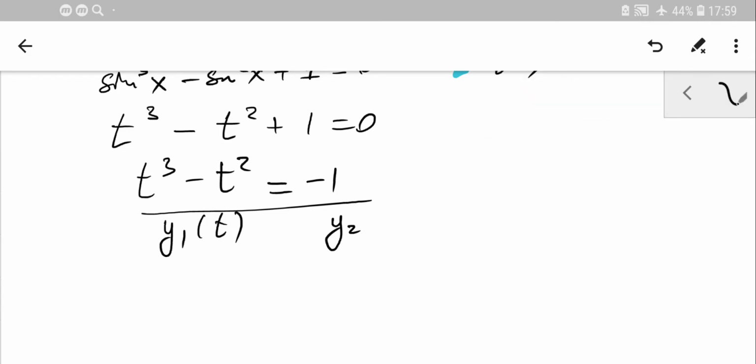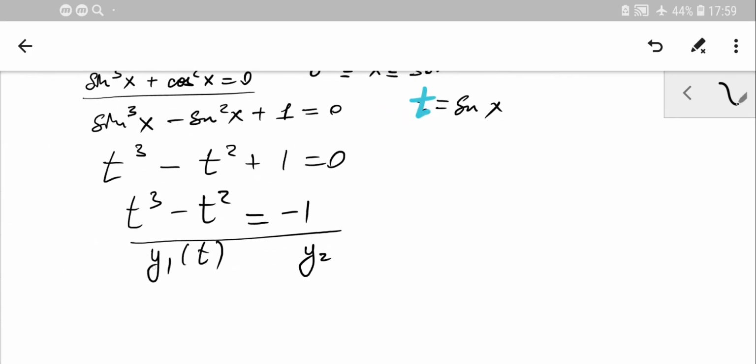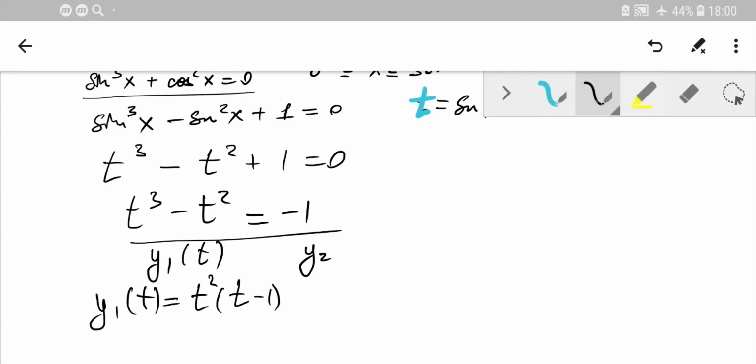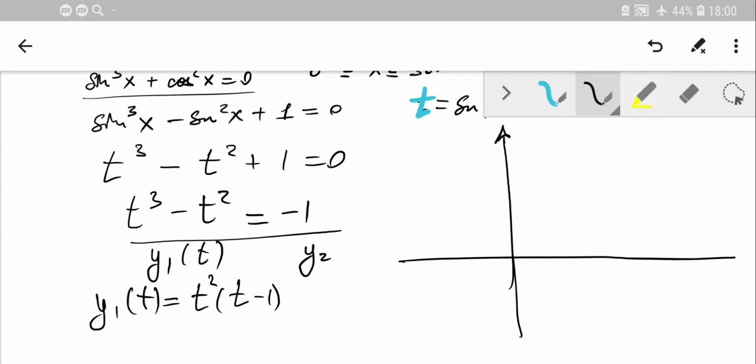The first is a cubic, y1 of t equals t squared times t minus 1, with a leading coefficient more than 0, so we can plot it.